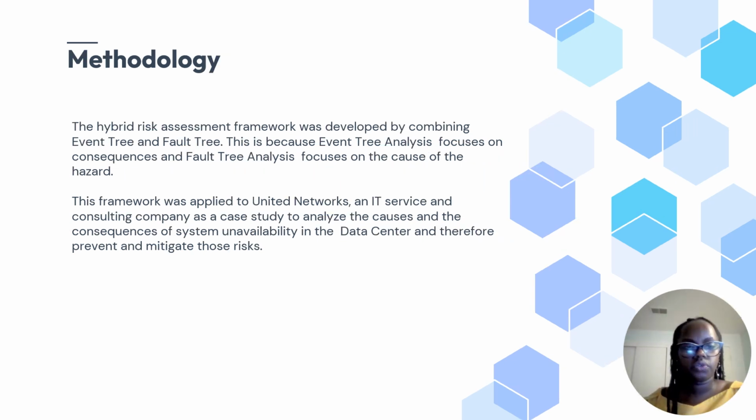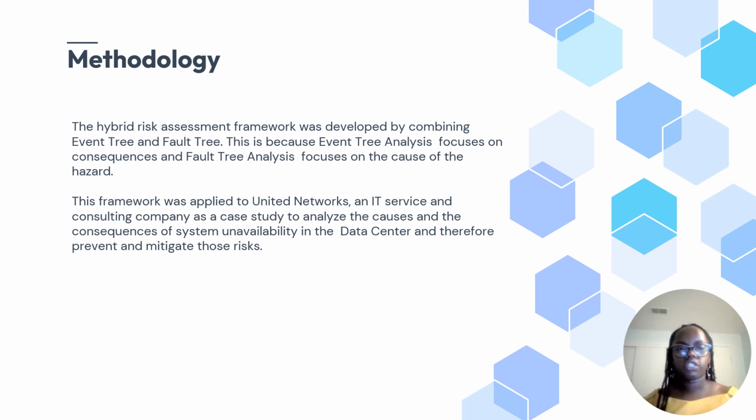The methodology used to create the hybrid risk assessment framework was developed by combining the event tree and the fault tree. This is because the event tree focuses on consequences and the fault tree focuses on the cause of the hazard. The framework was applied to United Network, an IT service and consulting company, as a case study, and was used to analyze the cause and consequences of system unavailability in the data center, and therefore able to prevent and mitigate those risks.